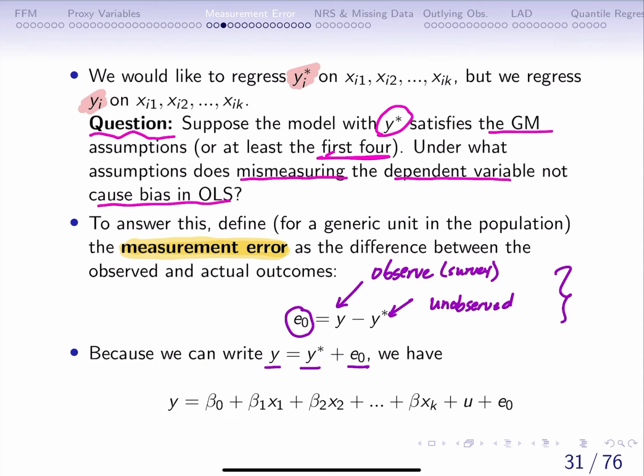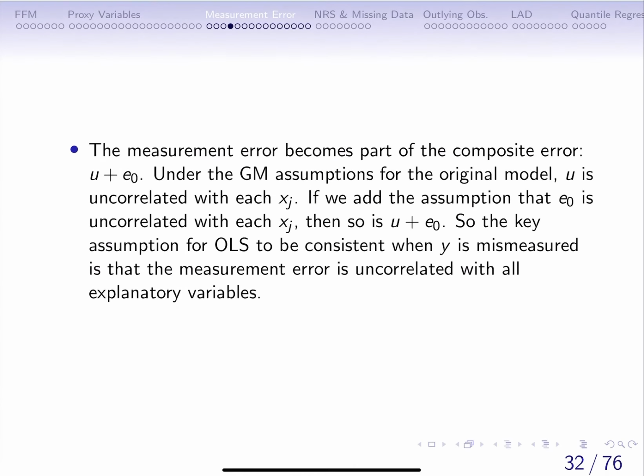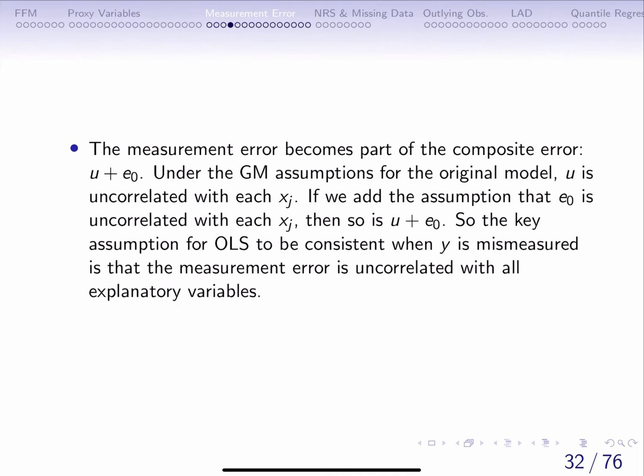So instead of y star, we can plug in y minus E naught, and once we plug in, we are going to get this composite error in the end. E naught is just added to the former error term.